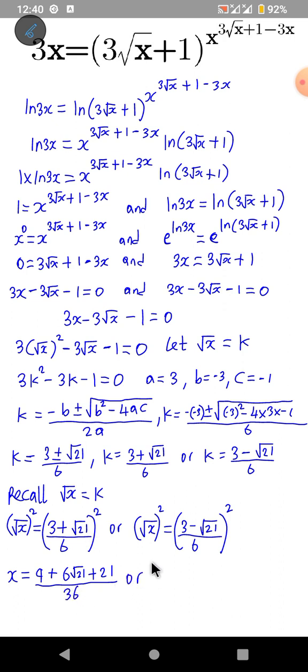Or square both sides here again. Now square will divide square root, so we have x equal to 9 minus 6 root 21 plus 21 all over 36. Then we continue again.